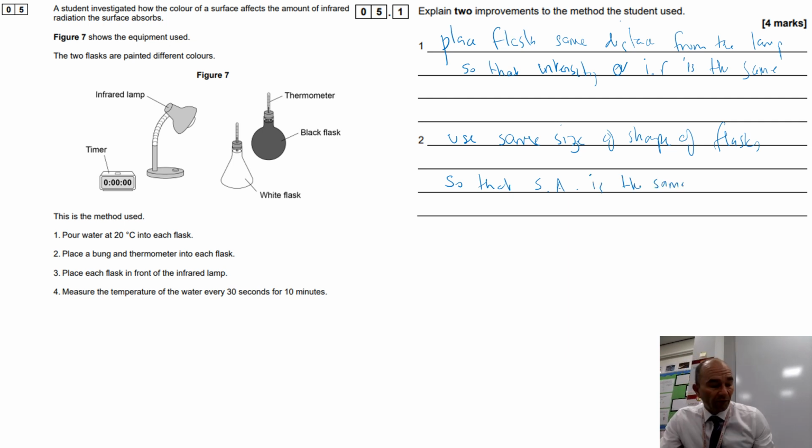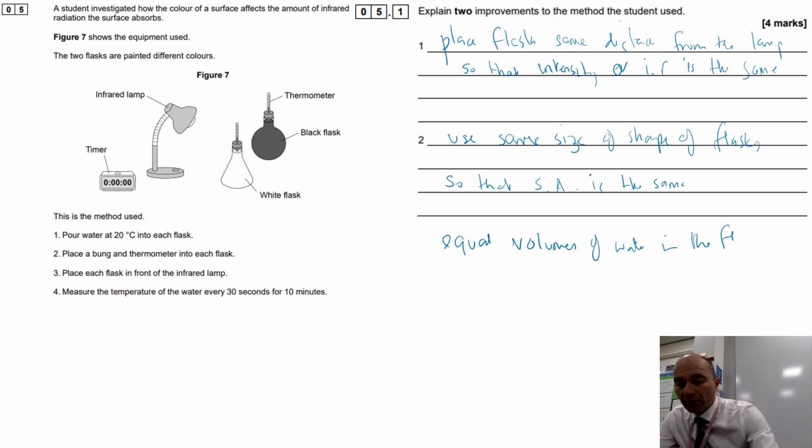They're probably the two obvious ones, but the other one is to make sure that you're using equal volumes of water in the flasks. That's not obvious whether they're doing that or not, but we need equal volumes of water in the flask, because of course the more water you have, the slower the temperature rise.